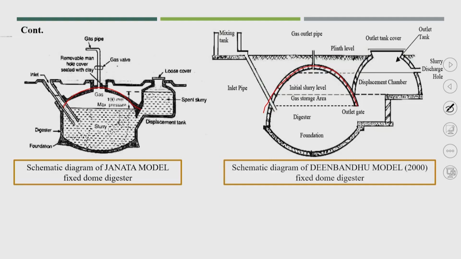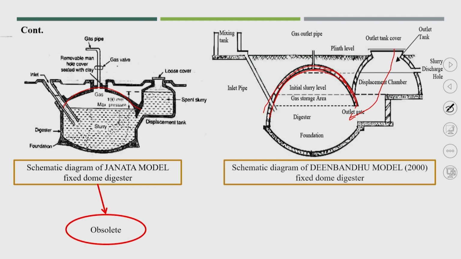But in case of the Deen Bandhu model, even one person can enter. That outlet is so big that any person can go inside and check the leakage, and if some leakage is found, they can remove that particular leakage. That was the benefit of the Deen Bandhu model.